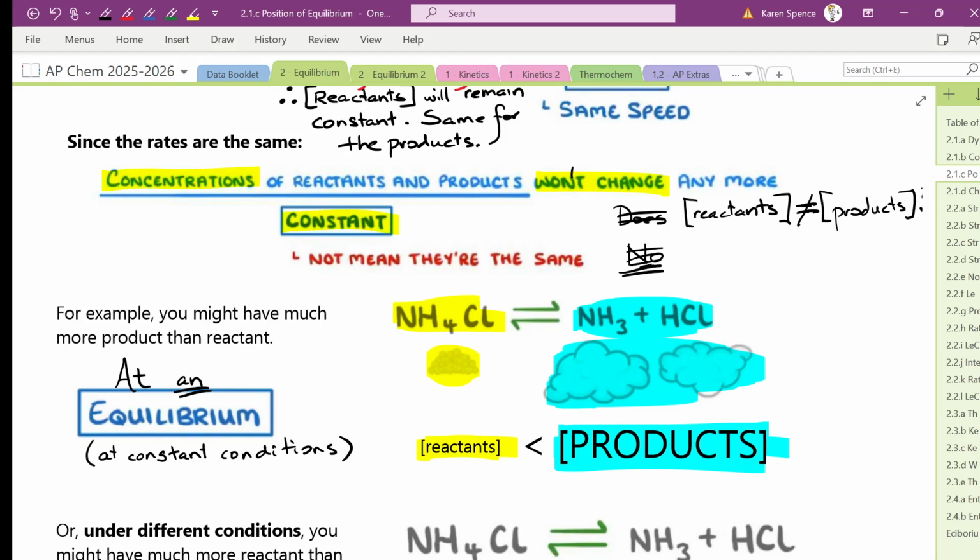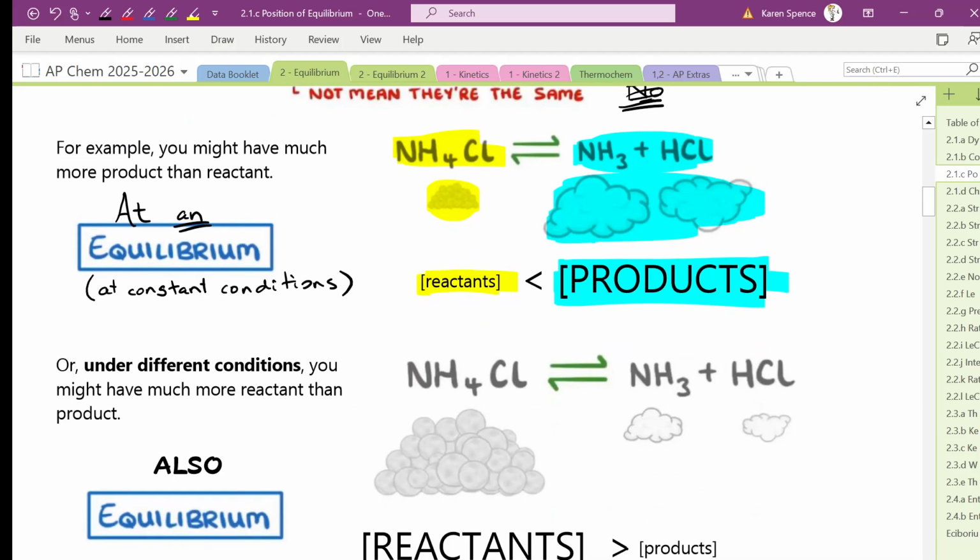However, under different conditions, we might have a different equilibrium where we have lots of reactant and we have very little product.